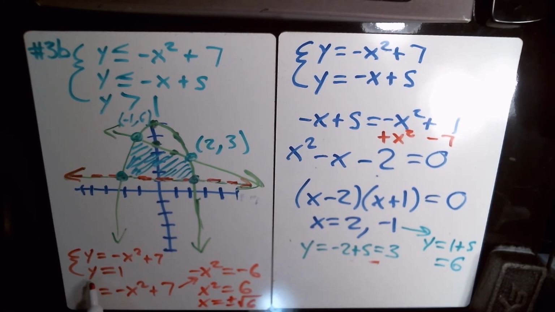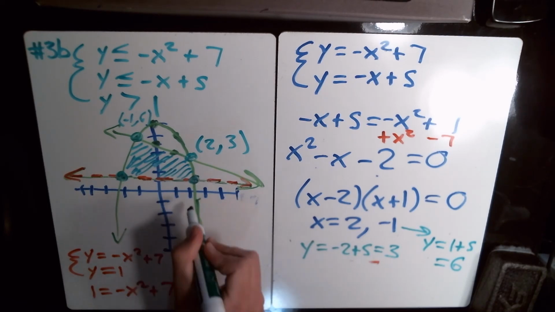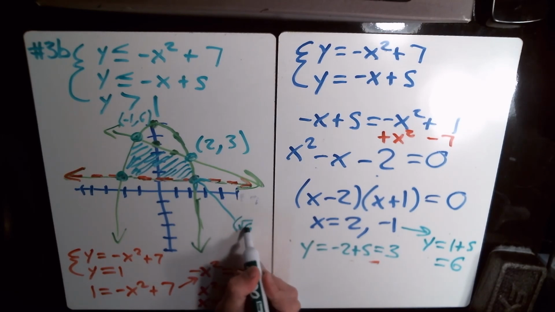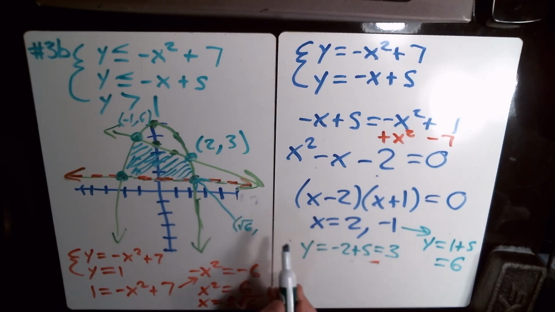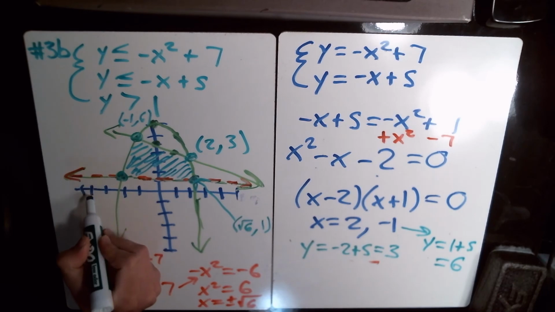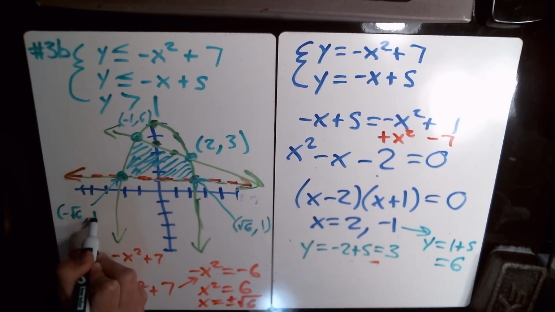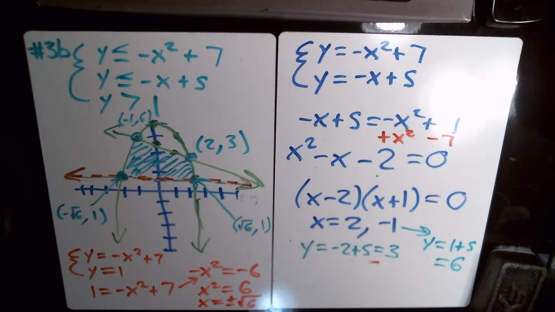And we already know what y is. y is 1 here. So my 2 points are positive square root of 6 and 1, and negative square root of 6 and 1. Okay, so we've now been able to label our vertices for this feasible region.